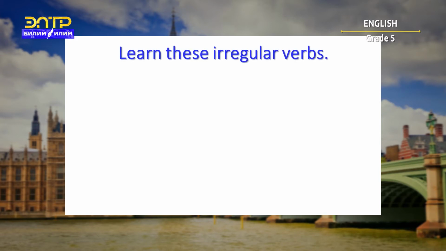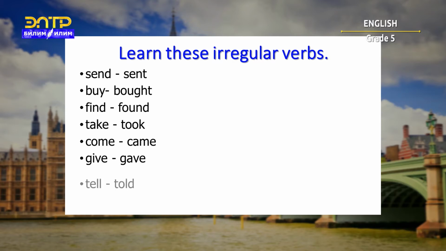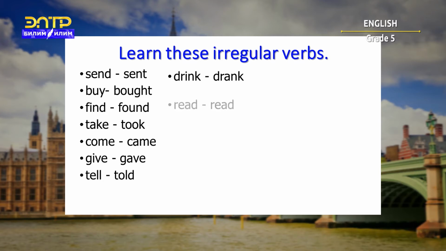Okay, so repeat after me one more time, please. Learn these irregular verbs. Send, sent. Buy, bought. Find, found. Take, took. Come, came. Give, gave. Tell, told. Drink, drank.